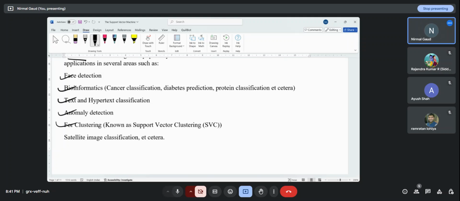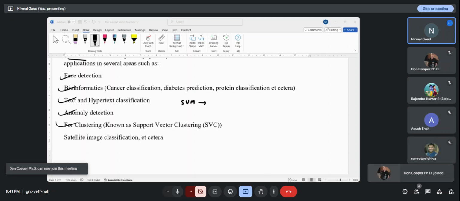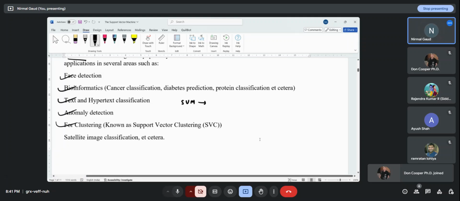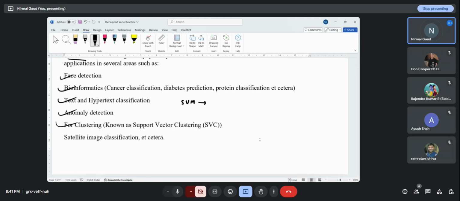Though we say support vector machine is a supervised machine learning algorithm, however, as per the working approach of SVM, here it's also mentioned that clustering can be performed by it.